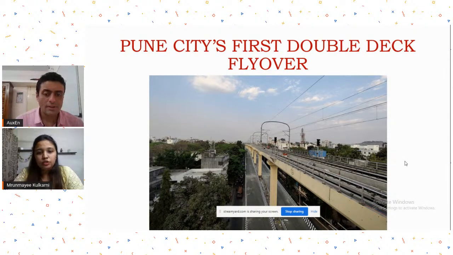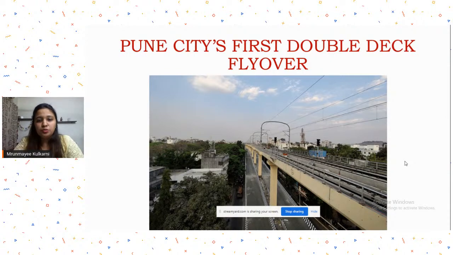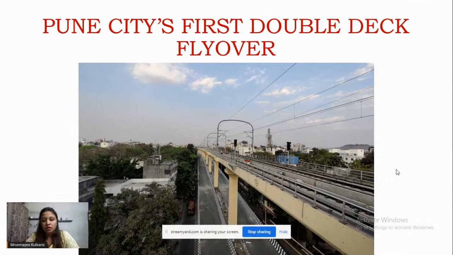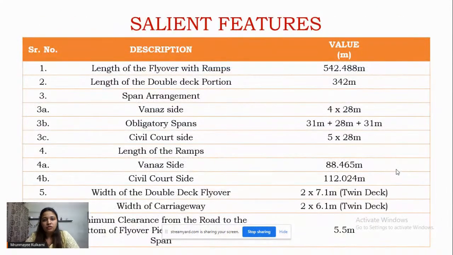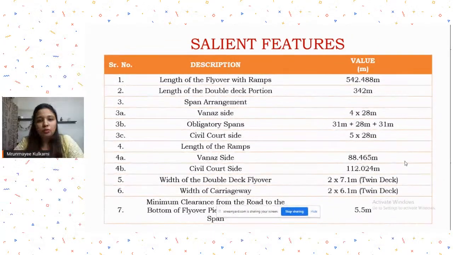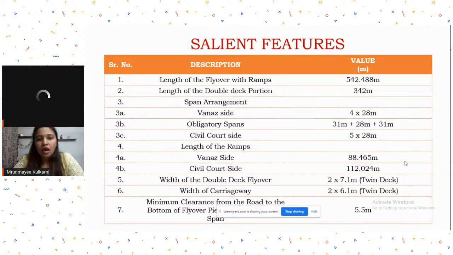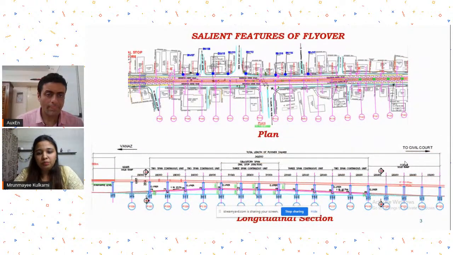So this is the photograph which shows that there is traffic on the road. Then there is a middle tier, and then there is a top tier on which metro is lying. So I won't go into the salient features, but as I mentioned, the obligatory spans were 28 meters, 31 meters, and 31 meters. This is the typical plan and elevation of the flyover.